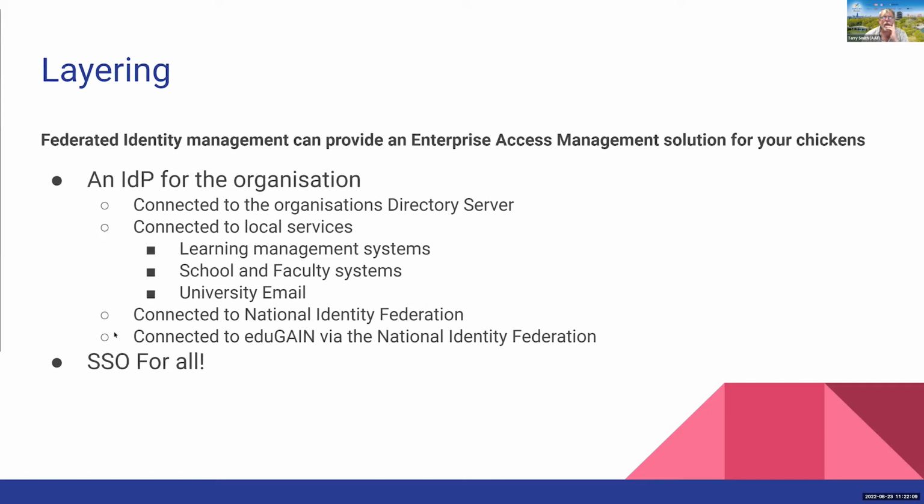There's also the option of layering your identity providers. Federated Identity Management can provide an enterprise access management solution if you want, or you can buy into an off-the-shelf identity solution such as Azure, Okta, WSO2, whatever, and run that as your enterprise identity provider, and then use a Federation-aware identity provider layered on top to gain the benefits of your enterprise IDP.